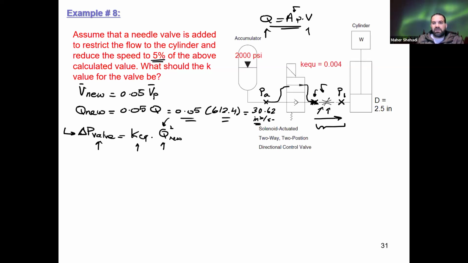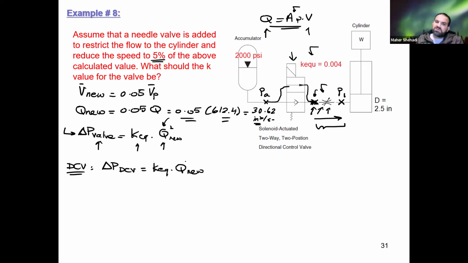All right. How do we find this pressure? Remember, we already have K equivalent for the DCV. So I can do it for the DCV one more time: delta P across the DCV is K equivalent times Q squared, but with the new flow rate.